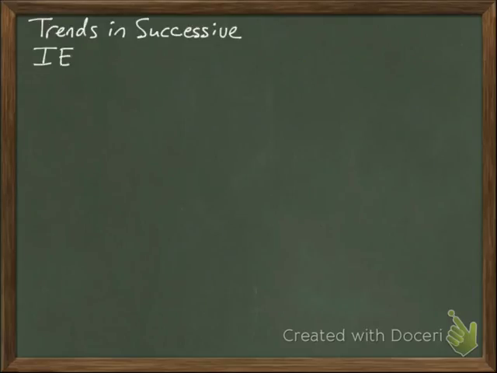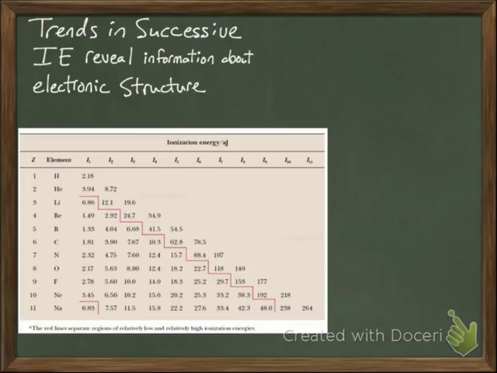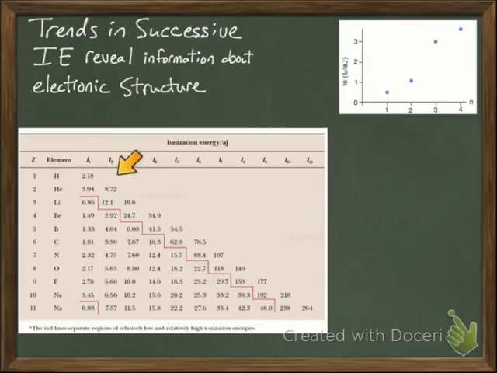Trends in successive ionization energies also are revealing about electronic structure. This table from your textbook shows ionization energies in attojoules. So ionization 1, 2, 3, 4, the successive removal of electrons, and the energies required to do that.